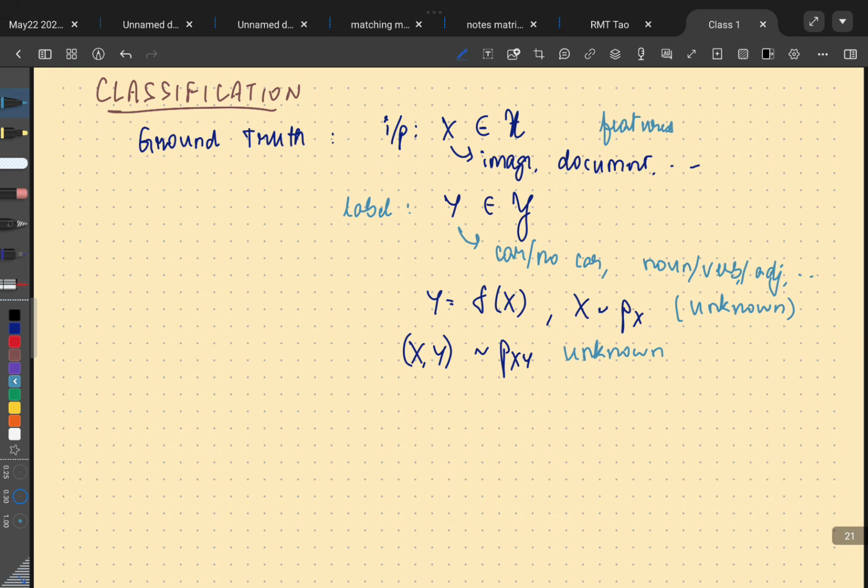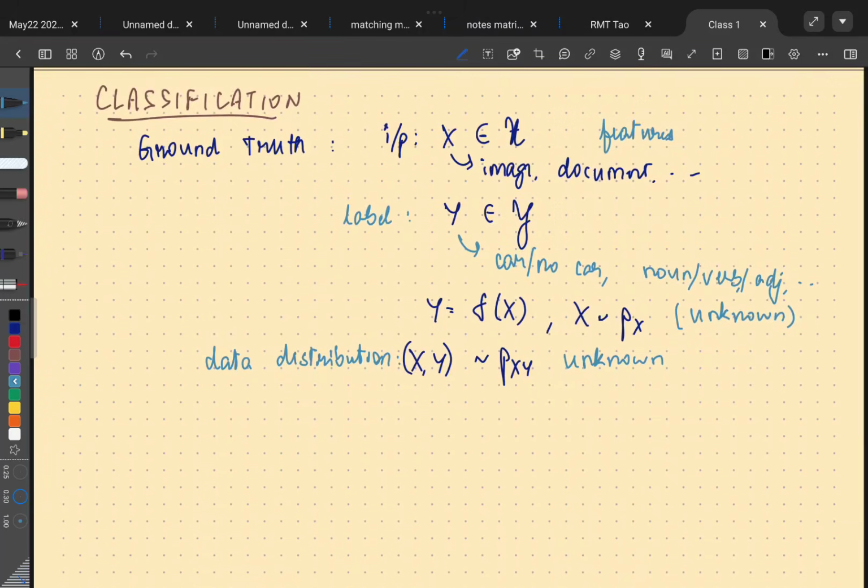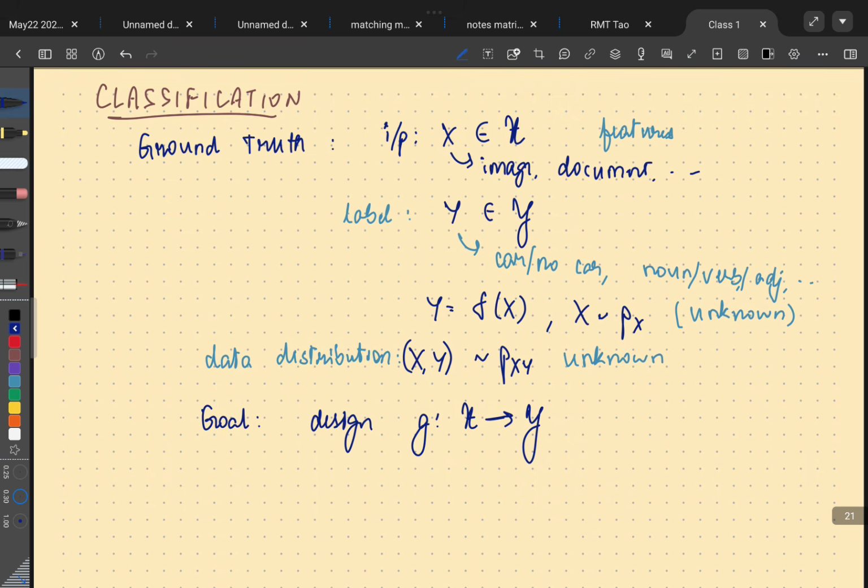Okay, so this is what I'll call the data distribution. This data distribution is unknown. What we have access to, to design our classification algorithm, our goal is to come up with some function g which takes as input one of the features and outputs a label.